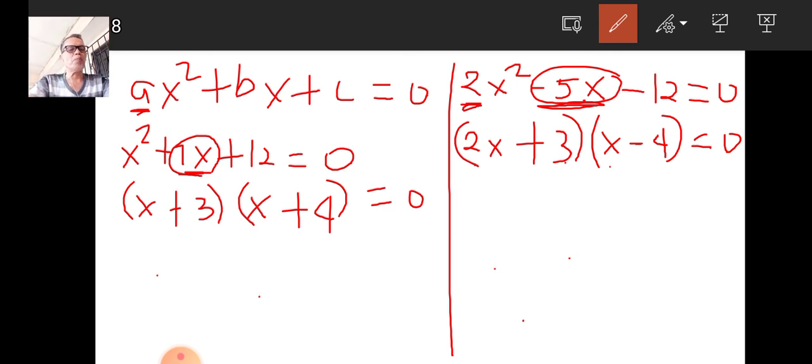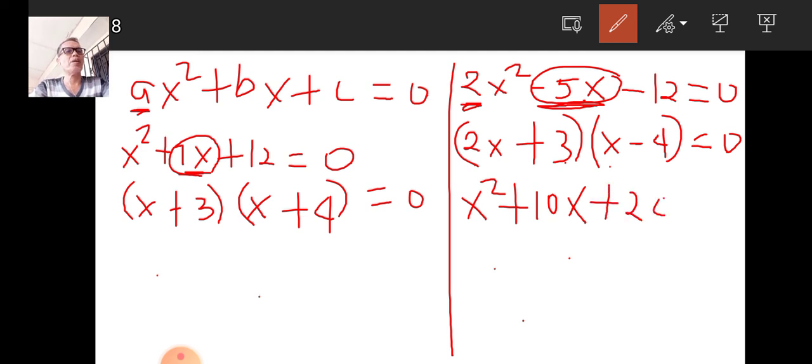For example, if we have x squared plus 10x plus 24 equals 0.